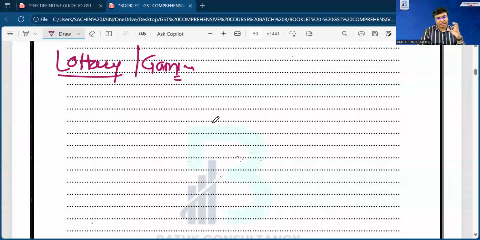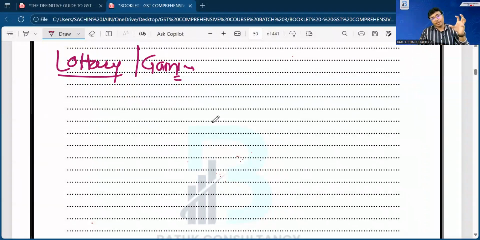As we all know, in lottery and gaming, the state government selects certain distributors for distribution of lottery tickets and gambling related activities, and that distributor supplies the same in the market.